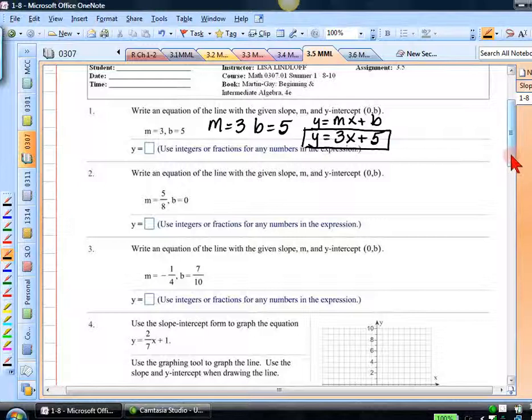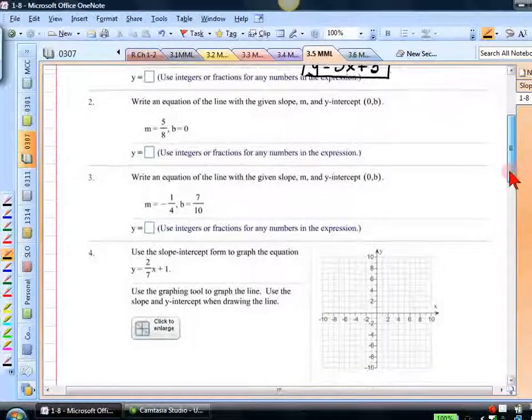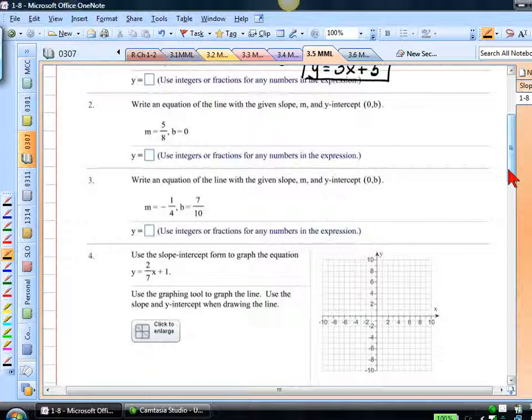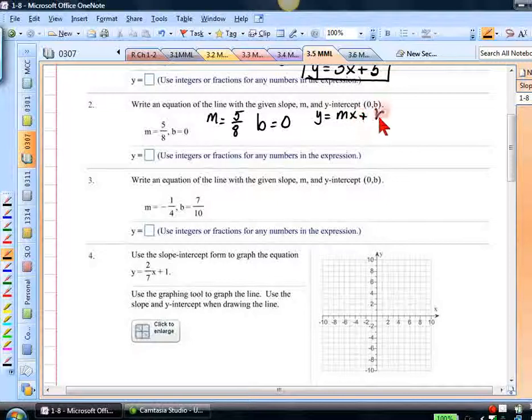Let's look at number 2. Write the equation of the line with the given slope m and y-intercept of 0b. I'm telling you that m is the fraction 5/8 and b is 0. You think y equals mx plus b and write down y equals what? 5/8 x plus 0.